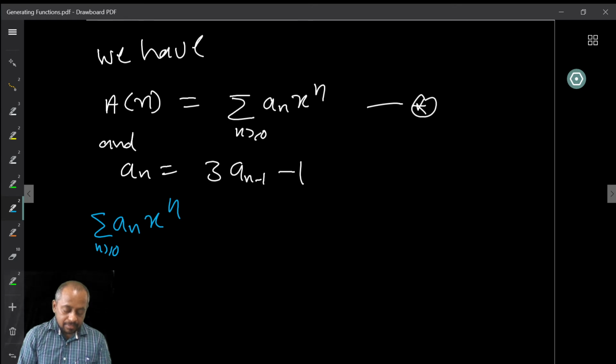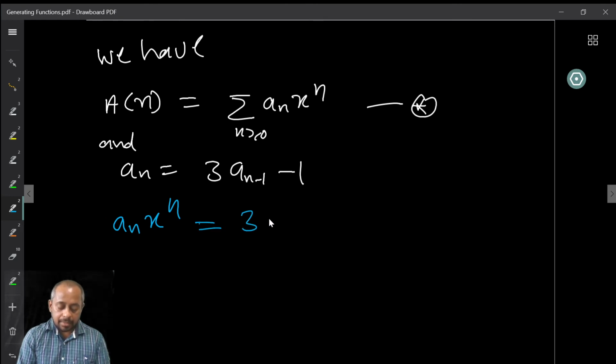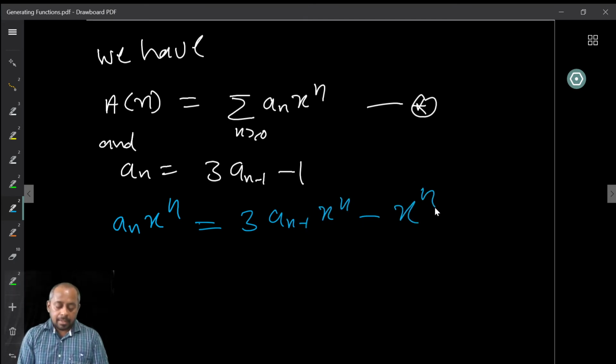Let us first write this for the summation. So this is equal to 3 into an minus 1 x raised to n minus 1 into x, raised to n, right? Now here the summation starts from n minus 1, so an minus 1 we are looking at.